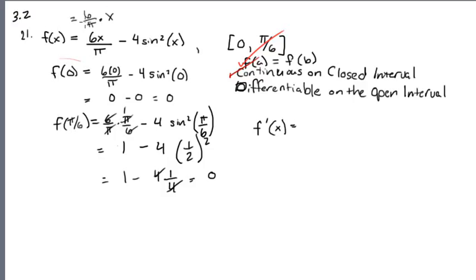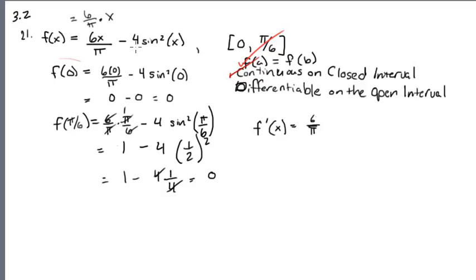So, finding the derivative of some constant multiple of something, you just bring that constant multiple out and then multiply by the derivative of that thing. So the derivative of x is 1, so the derivative of 6x over pi is just going to become 6 over pi. There we go.